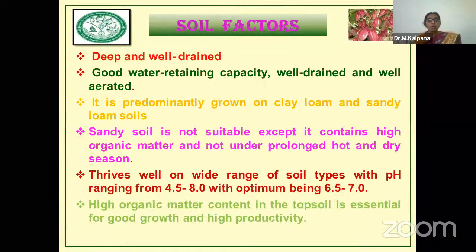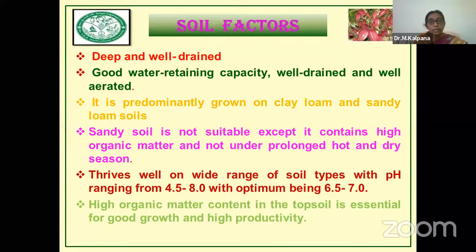Okay, then coming to the soil factors, it requires deep, well-drained soils with very good water holding capacity. That's why it is predominantly grown on clay loam and sandy loam soils. Even sandy soils are not at all suitable, unless they are provided with high organic matter content, and only then should we grow the crop in sandy soils.